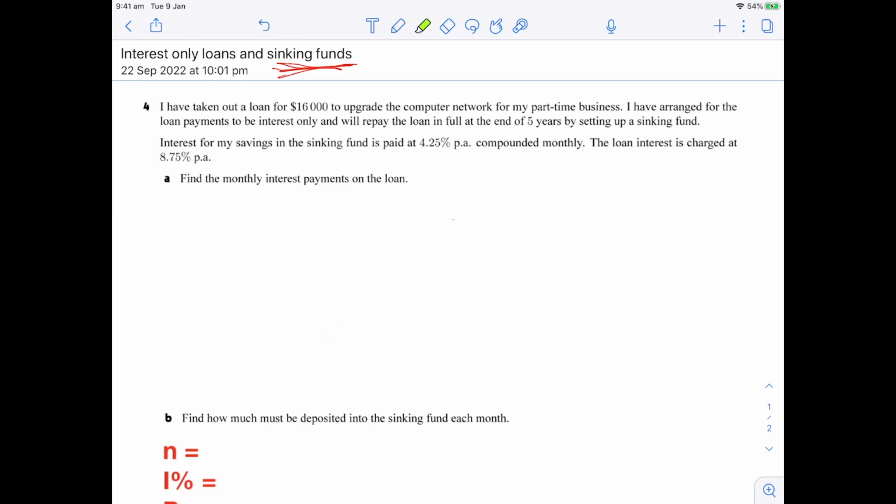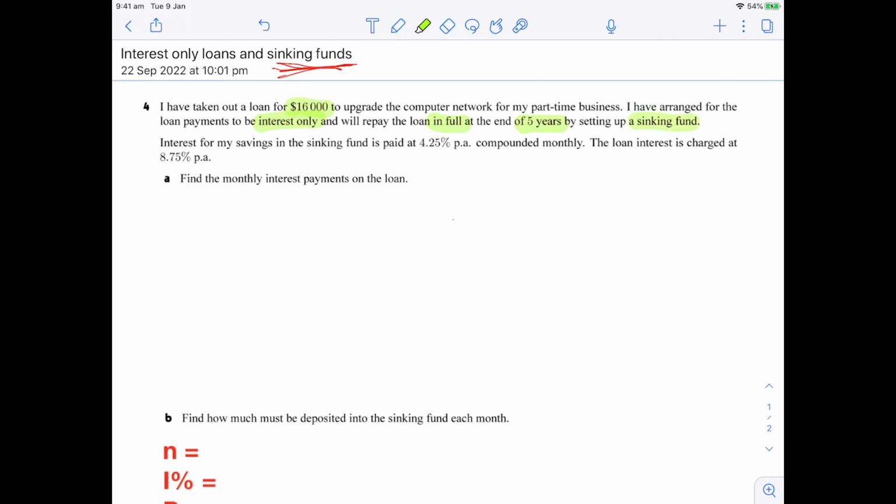All right, so I've taken a loan for $16,000 to upgrade the computer network for my part-time business. I've arranged for loan repayments to be interest only, and I will repay the loan in full at the end of the 5 years, and I'm going to do that with a sinking fund.